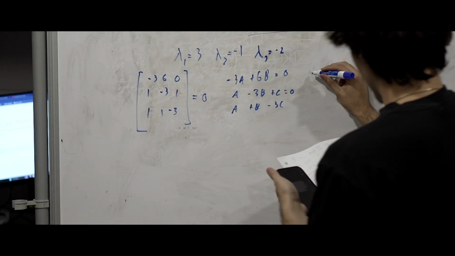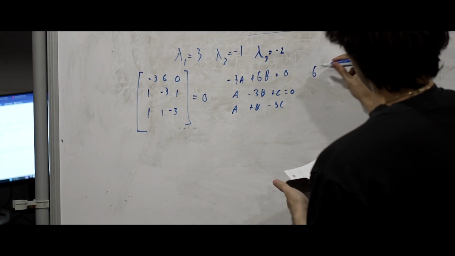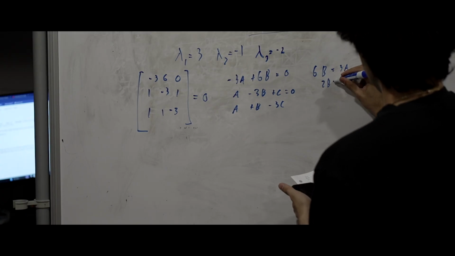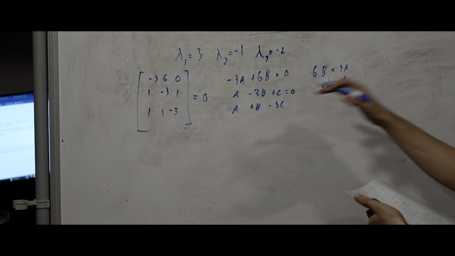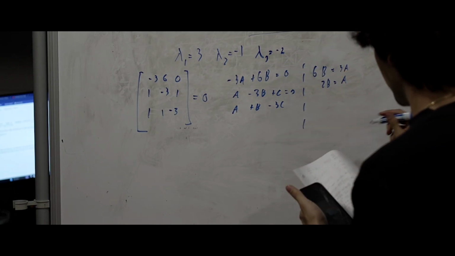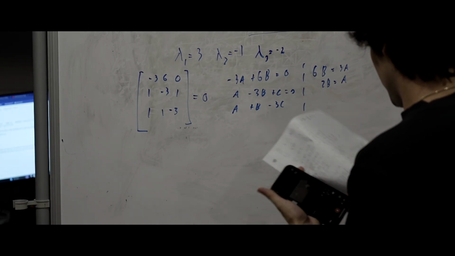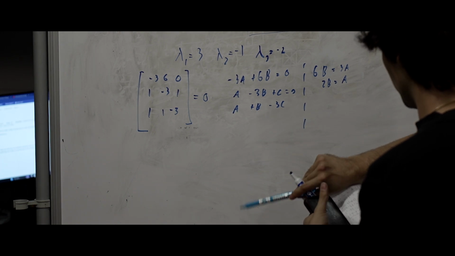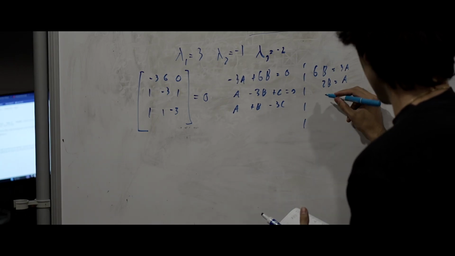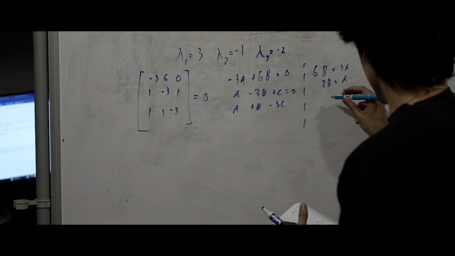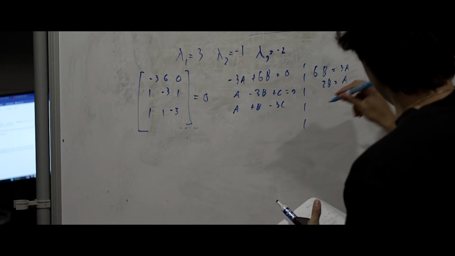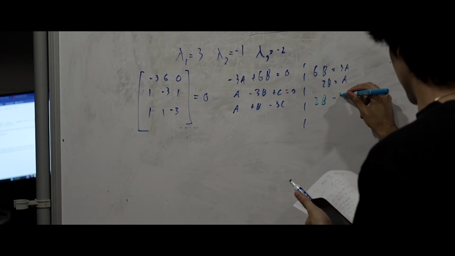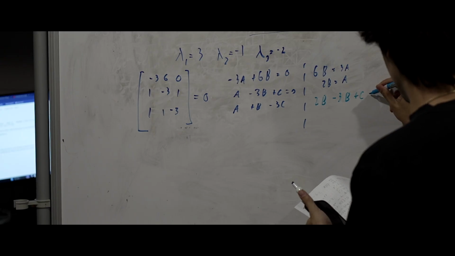So what we're going to have next is 6b is equal to 3a, right? So that means 2b is equal to a, right? When you use that in our next equation, so a equals 2b, we'll have 2b minus 3b plus c equals 0, right?